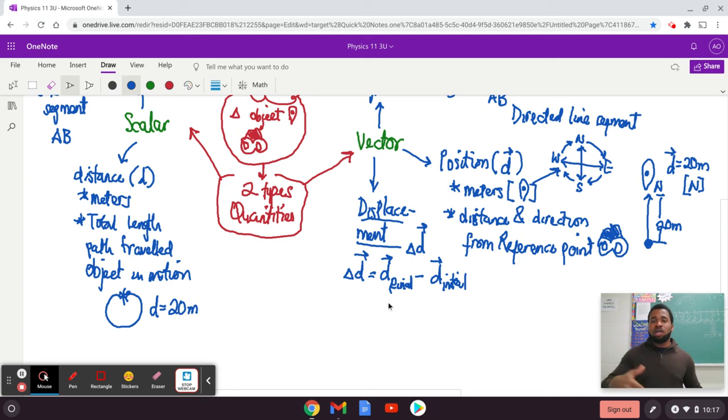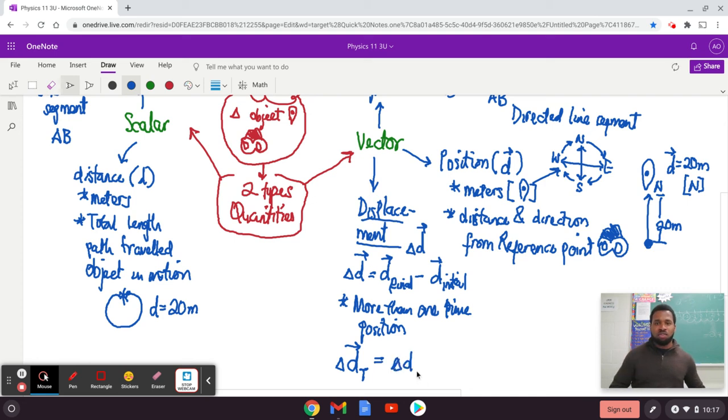However, if you have an object that changes position more than one time, we have the other way around, where we have a specific final displacement, which is in this case expressed as the total displacement, equal to the sum of the changes in the positions.